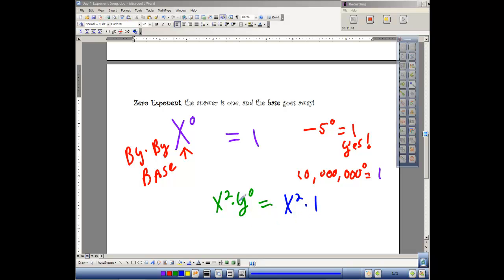Exponent rules, and you might want to jot this down: exponent rules only apply to what the exponent is touching.